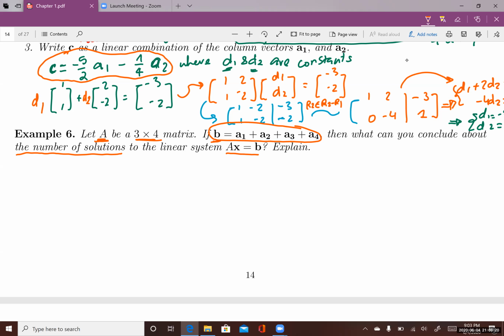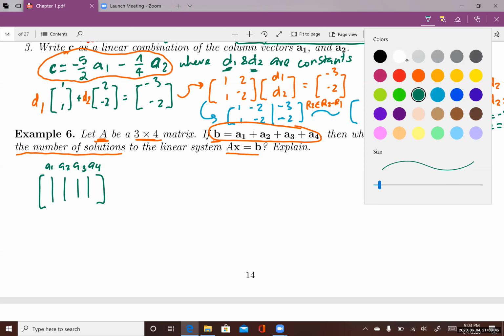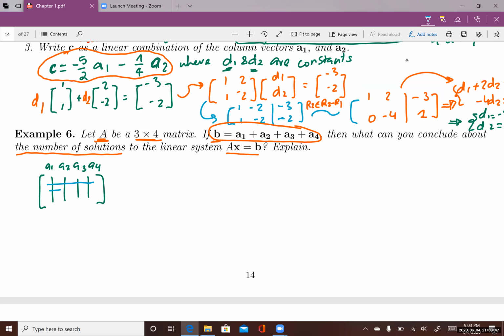Explain, right? Let's write out what we know. So what we know is, first, A is a 3×4 matrix. So 3 rows and 4 columns. And you have column A1 here, A2, A3, and A4, right? You have 4 different columns. And you have 3 different rows. All right.